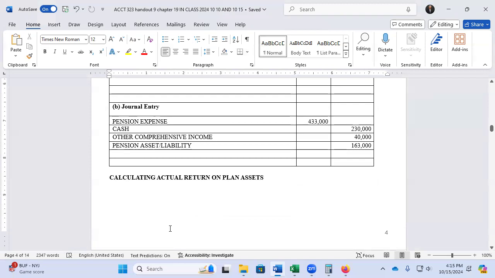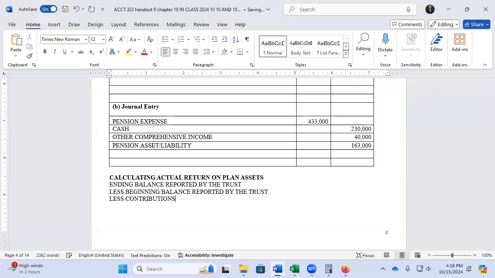Calculating return on plan assets. Take the ending balance reported by the trust, less the beginning balance reported by the trust. Less contributions. Add benefits paid.